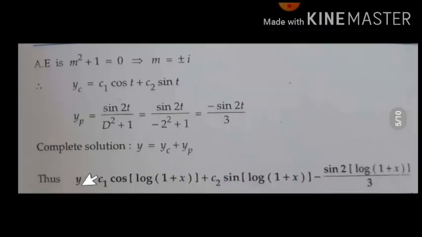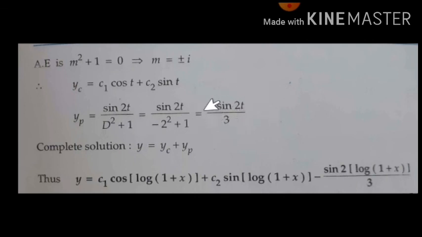Type 2 to find the particular integral. So sin 2t by D square plus 1. In type 2 for a trigonometric function, what is the conversion? Replace wherever D square is there with minus a square. What is the a value here? 2. So minus 2 square, minus 4 plus 1 will be minus 3, and sin 2t as it is.